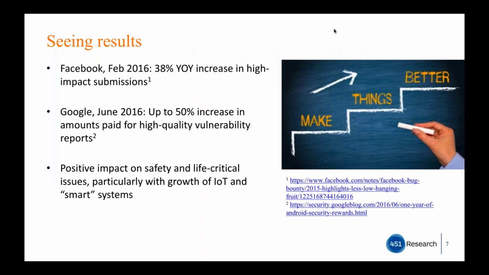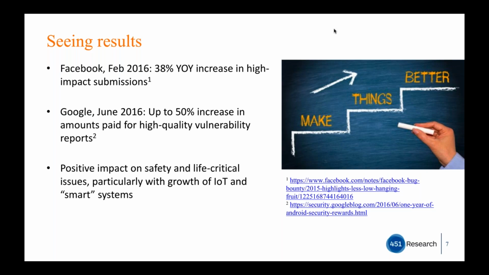And over time, we have seen that those who have engaged in the bug bounty program have actually seen results. A year ago, in February, Facebook talked about the fact that they saw a 38% year-over-year increase in what they considered high-impact submissions, which talks about the efficacy of the research community in finding issues that really should be prioritized.